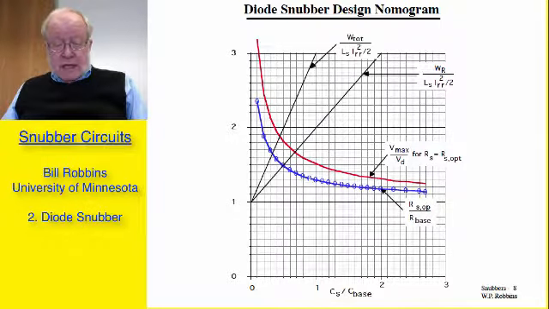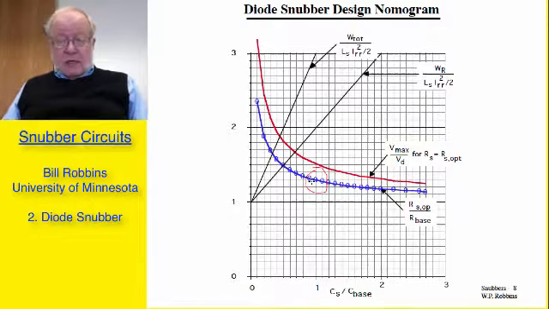If we choose CS equal to C base, then the optimum value of resistance is about 1.3 times R base. And if we go to a value of twice the base capacitance, then RS over R base is about 1.2. So I think you can see that for general purpose applications, we're going to use as a design criteria CS equal to C base and RS about 1.3 times R base.